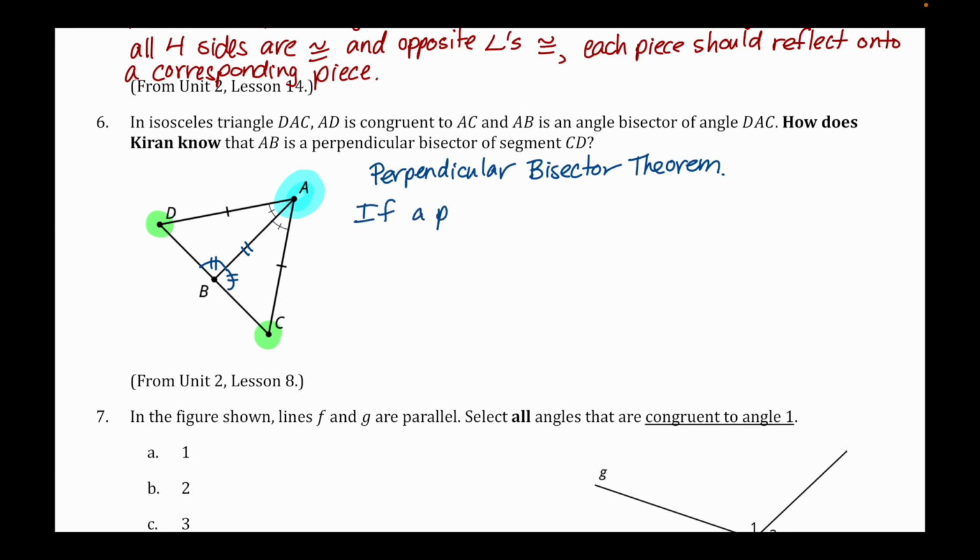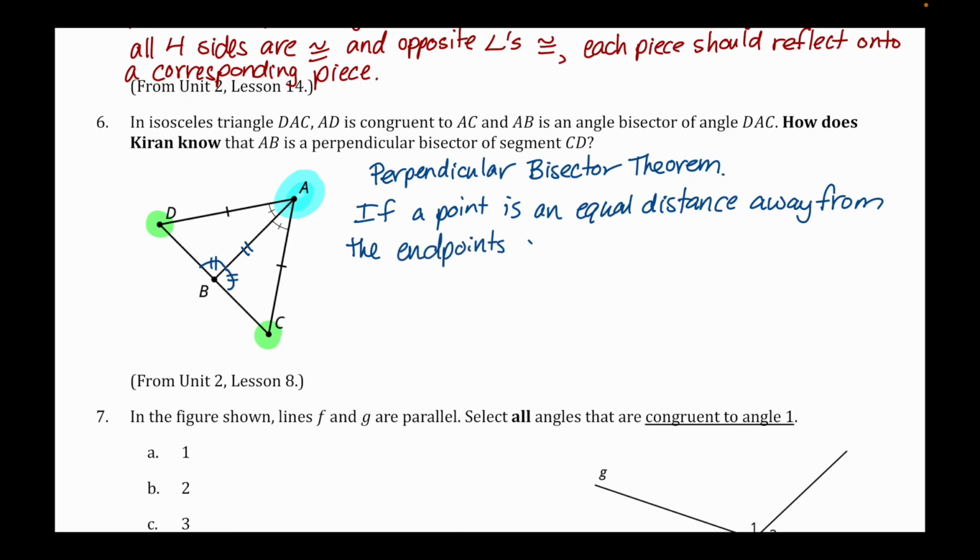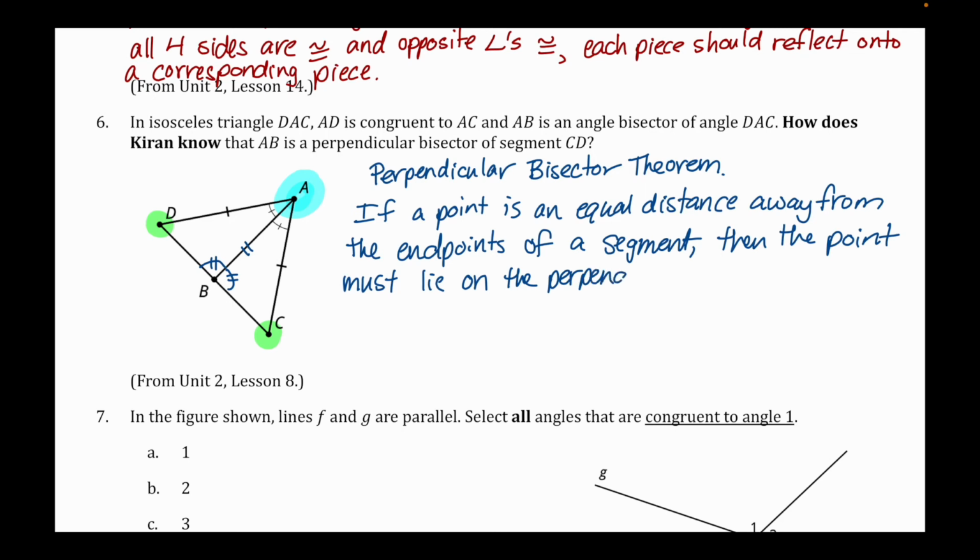If a point is an equal distance away from the endpoints of a segment, then the point must lie on the perpendicular bisector of the segment.